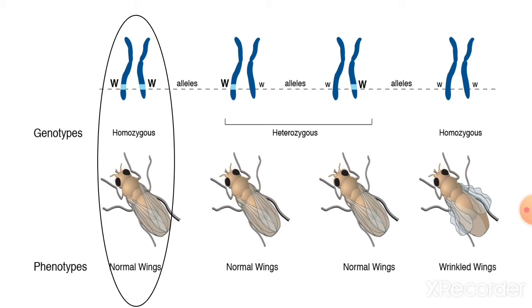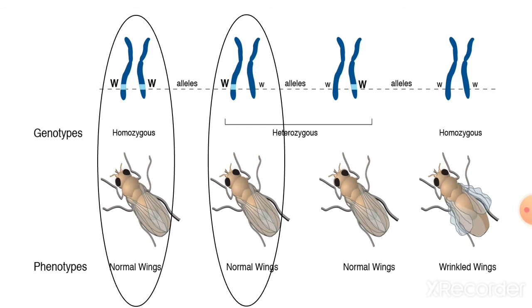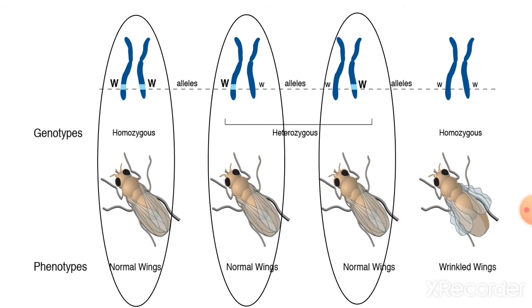In the second and third conditions, both the alleles of the W gene differ, meaning it is a heterozygous condition. Then the allele which shows its effect in the offspring is known as the dominant allele. Look at the genotype of this gene.